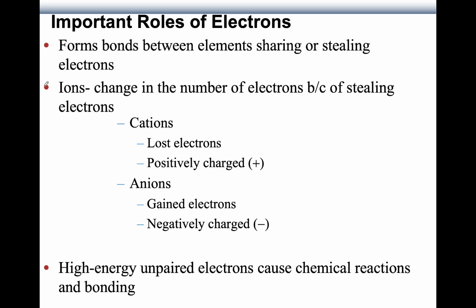Anytime you have ions that have gained electrons, we call those anions. Anions have gained electrons and therefore they are negatively charged. Cations have lost electrons and therefore they are positively charged. A good way to remember this is if you have lost electrons, you are a positive element. And we think of cats as positive things.